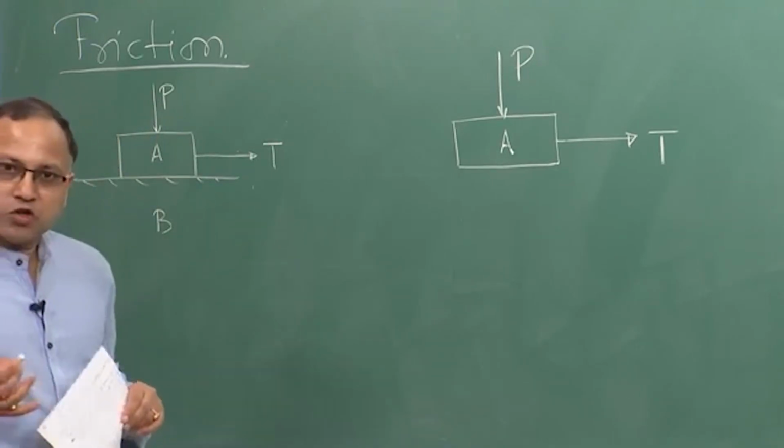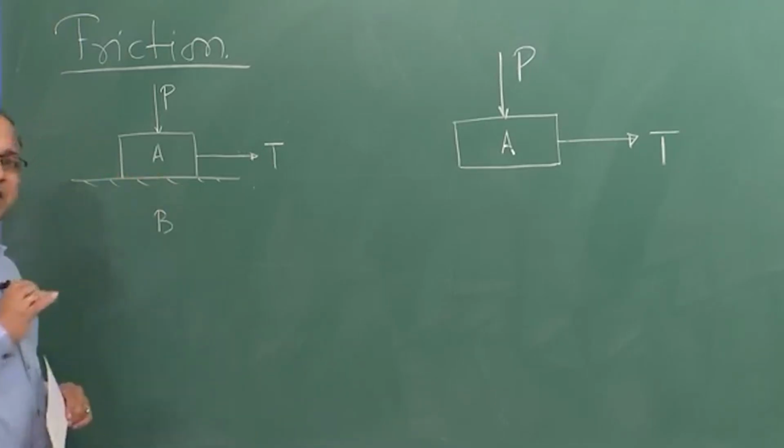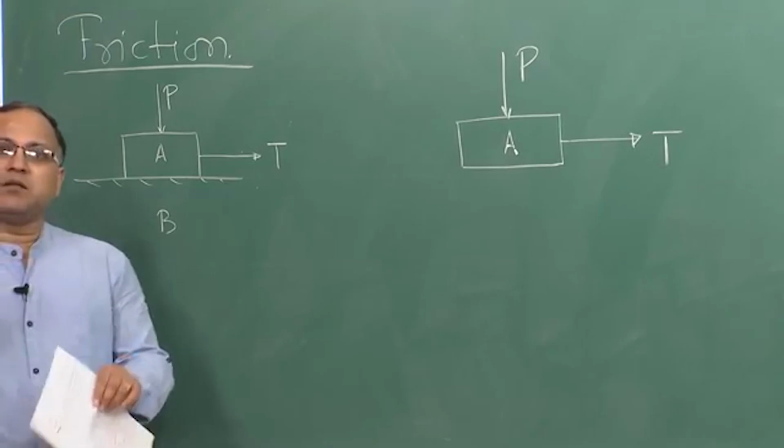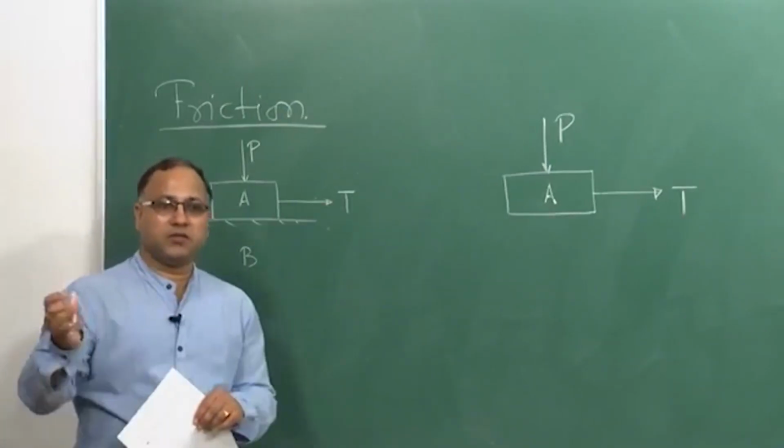Now, a few forces are not shown. What are those forces? Block A is resting on surface B. Therefore, surface B will give some action or reaction, whatever you call it.